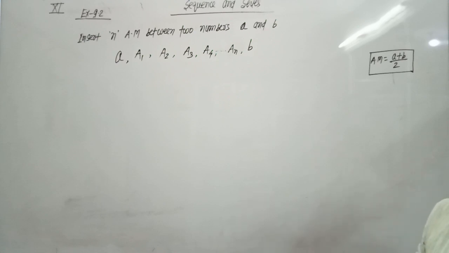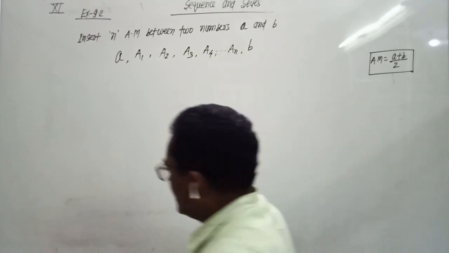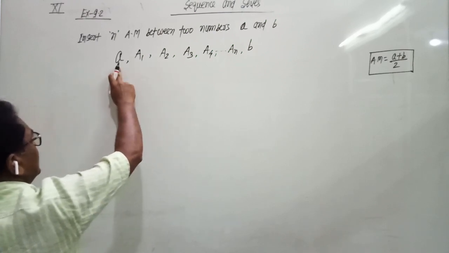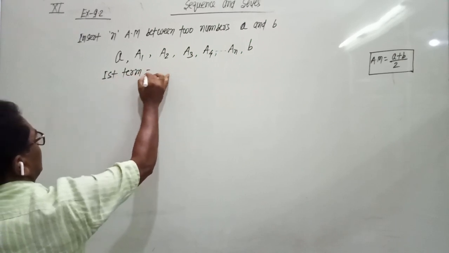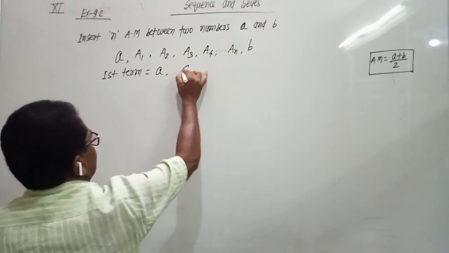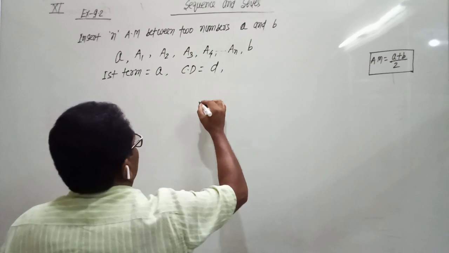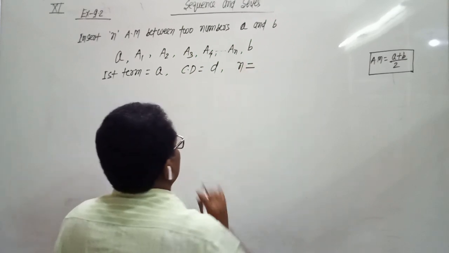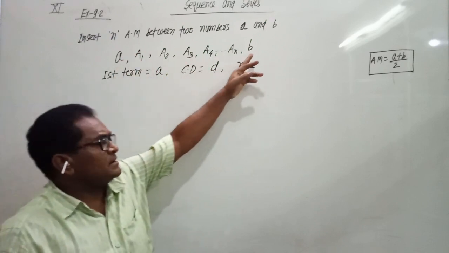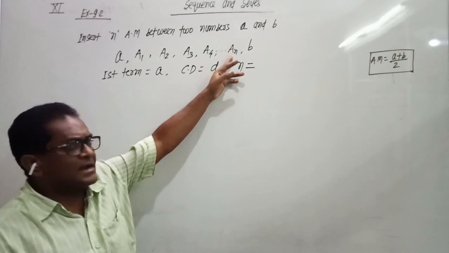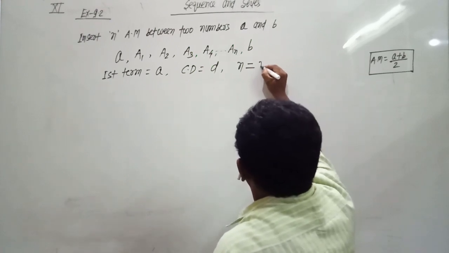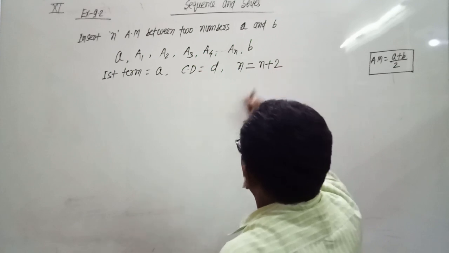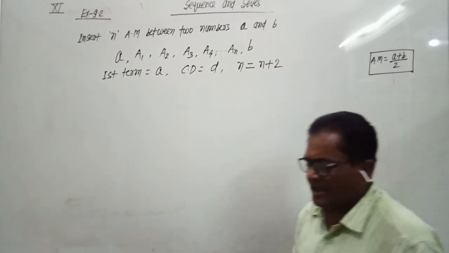If we insert n arithmetic means between two numbers A and B, then the resulting sequence is in AP, whose first term is A. The common difference, suppose, is D, and the total number of terms: there are two terms A and B, and between them there are n arithmetic means, so the total number of terms will be n plus 2.